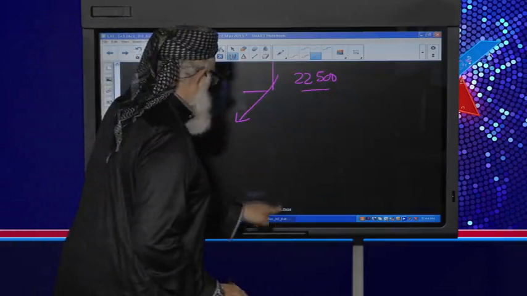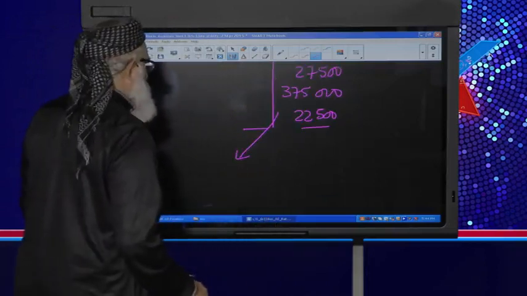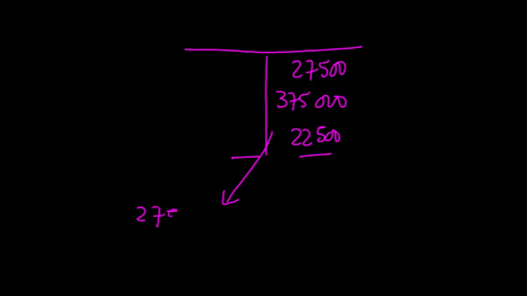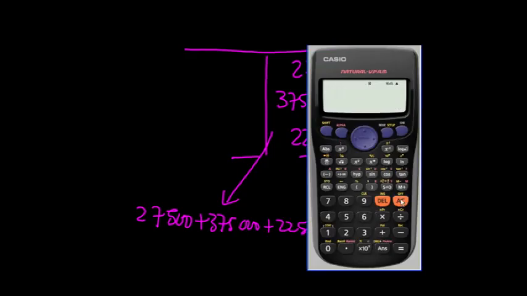What is the calculation? Watch it, guys. Watch my calculation. 27,500 plus 375,000 plus 22,500. Let's add. So we've got 27,500 plus 375,000 plus 22,500.